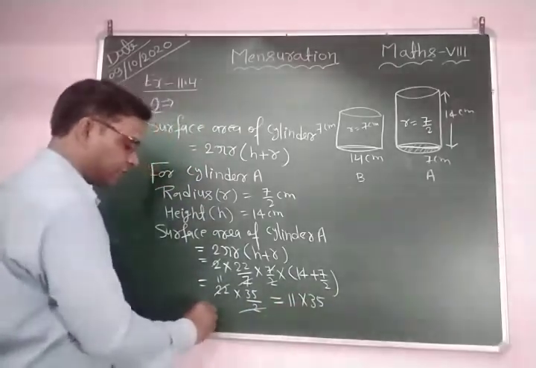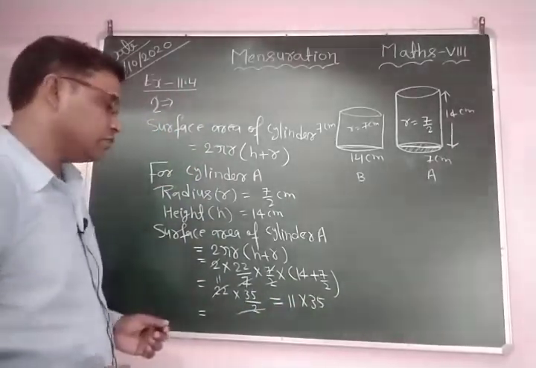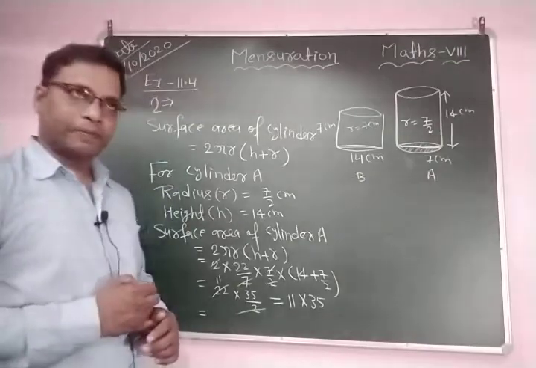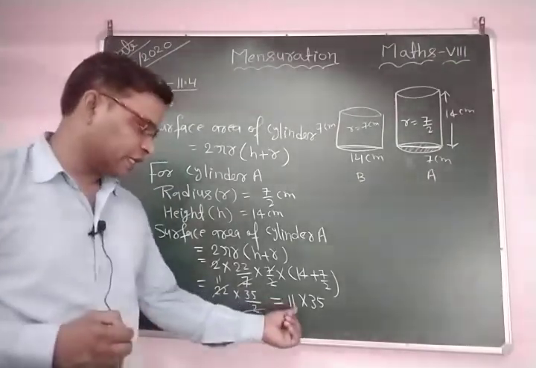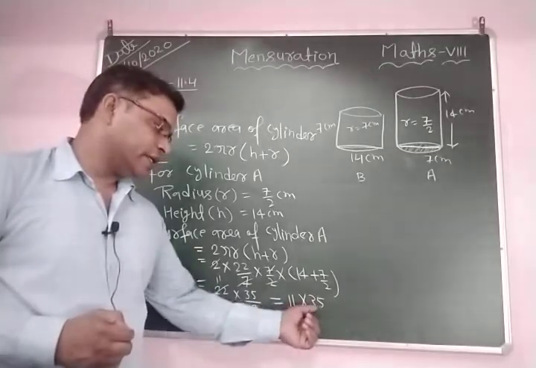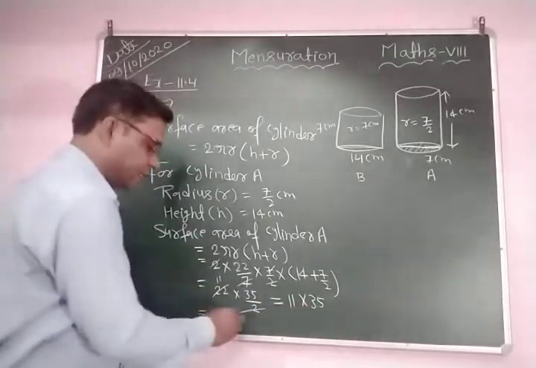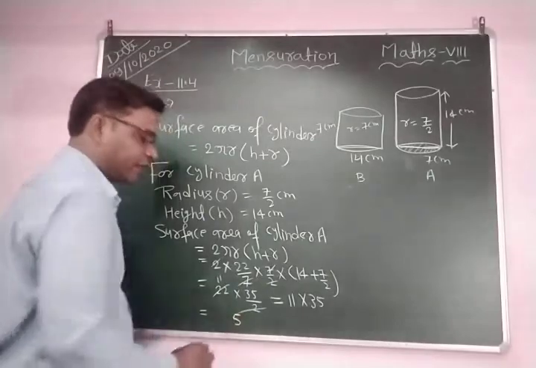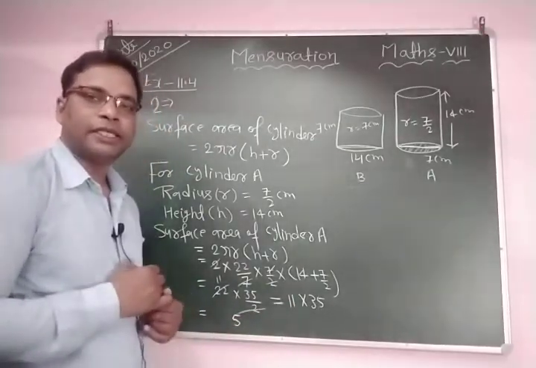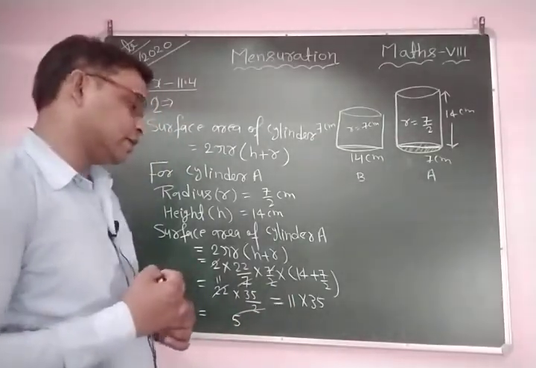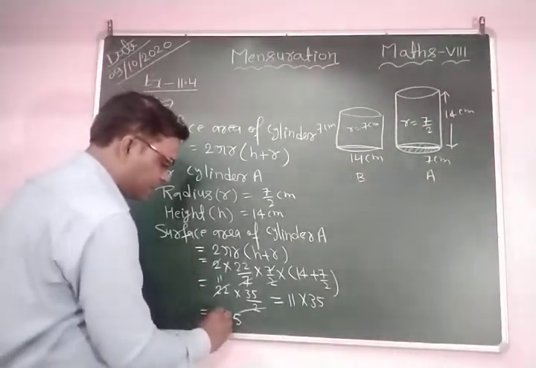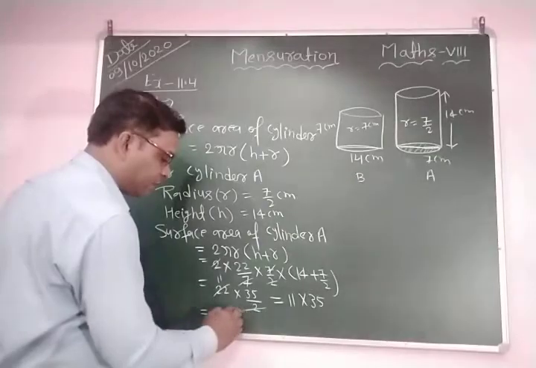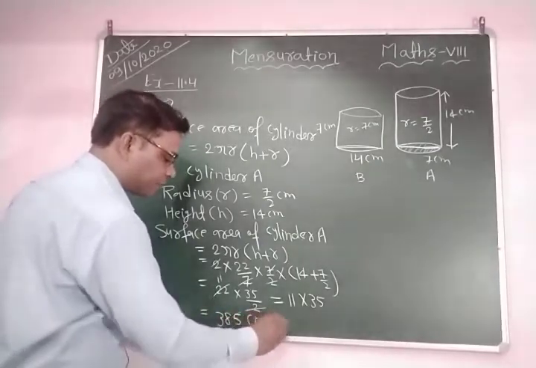When you multiply 35 by 11, we obtain 385. You can see how to multiply it: 11 times 5 is 55, so we write 5, carry 5, and 11 times 3 is 33, 33 plus 5 is 38. So we have 385 centimeter squares.